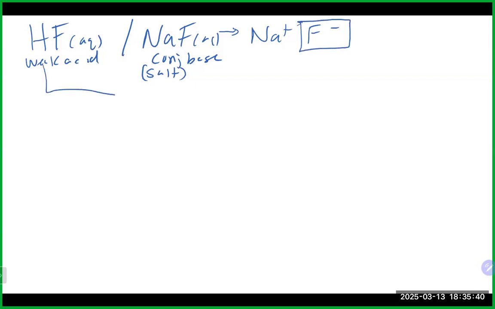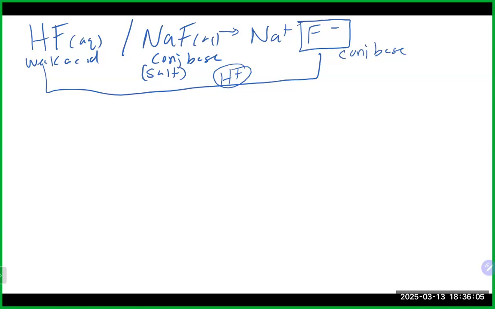And you can see, hopefully, the relationship between these two is our Bronsted-Lowry definition of just one H plus difference, right? So they are related to each other by that one H plus difference. If HF is my acid, then really, again, this is my conjugate base. So in this buffer, we have an acid part and we have a base part.